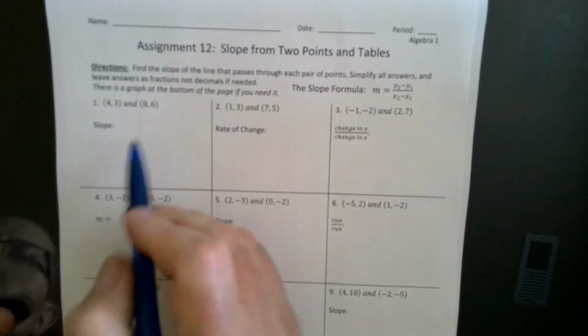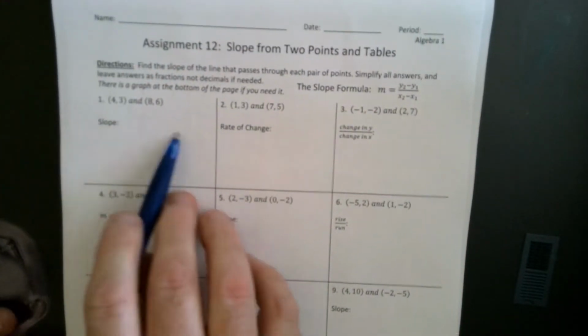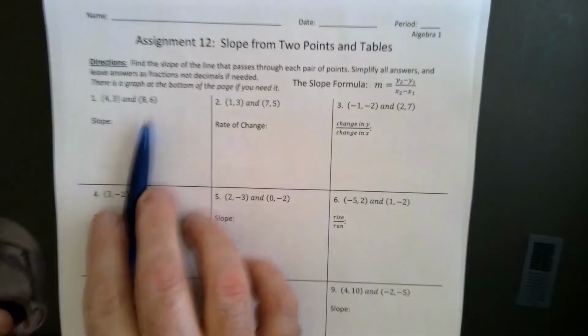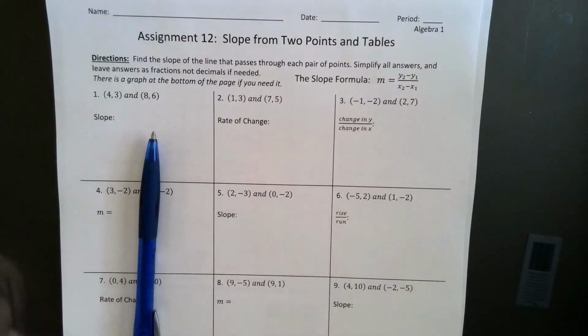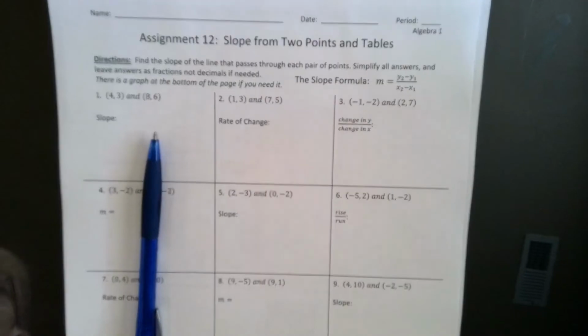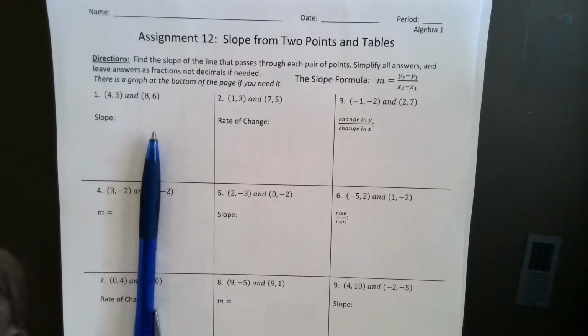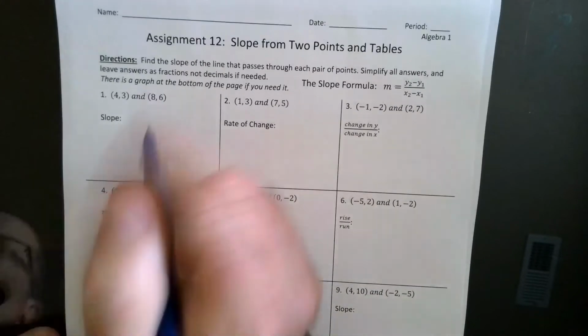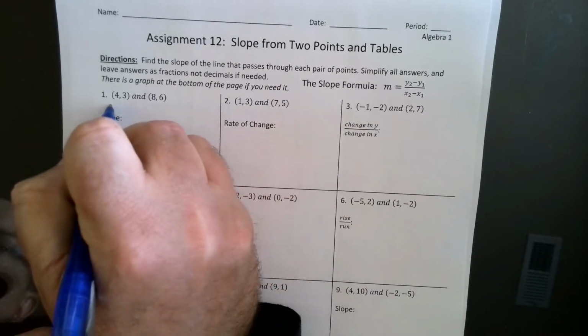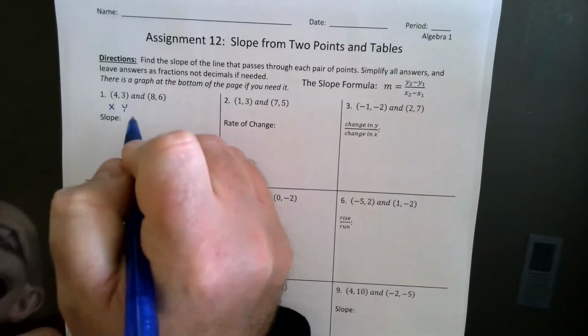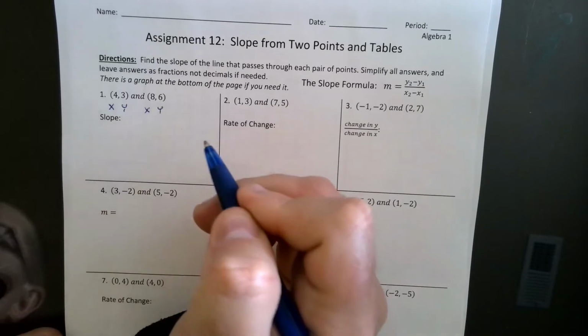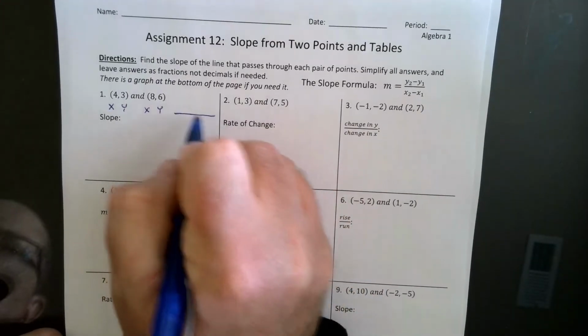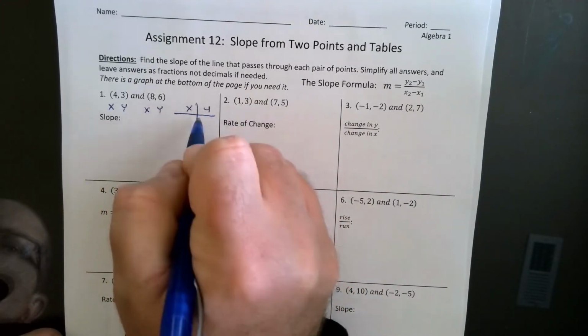So let's say they don't give you a table. They just give you 2 points now. So they just say you're looking to find the slope between 4, 3 and 8, 6. Well, we just make a table out of this then. So remember, our first value is our x, our second value is our y. This is our x and this is our y, right? So when we make our table, here's our x, y.